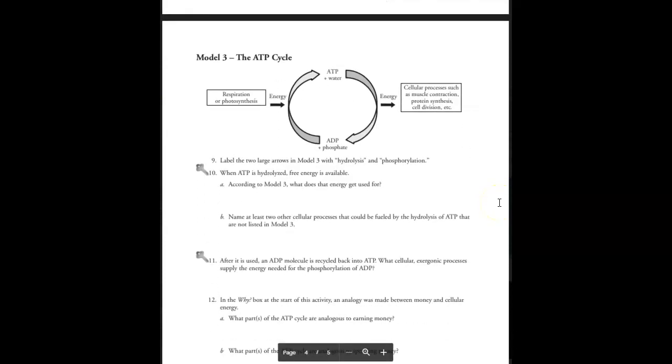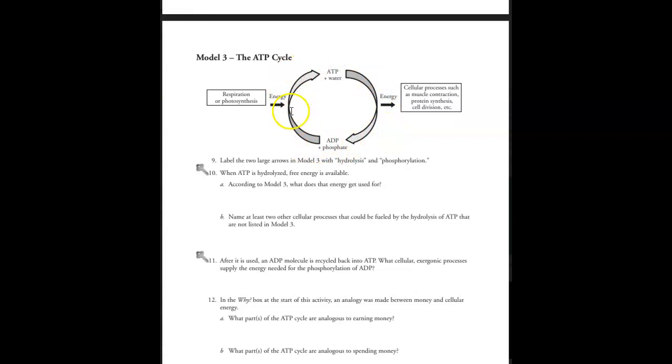Okay, here we go. The ATP cycle for 9. Hydrolysis would be, oh, okay. So this over here is going to be hydrolysis because the ATP is getting turned into ADP. So this right arrow would be hydrolysis.